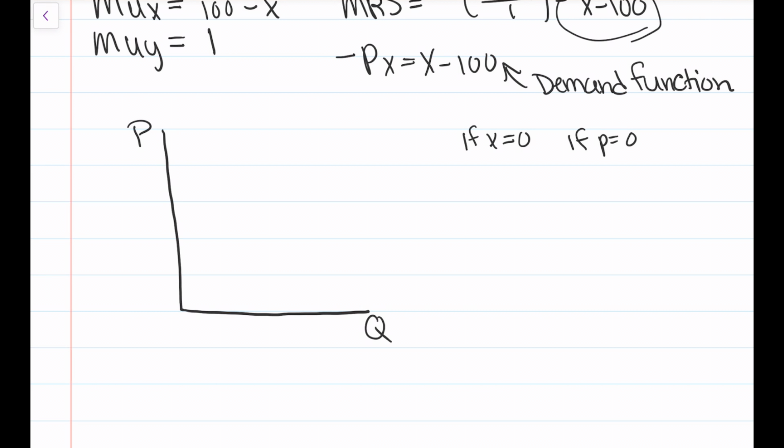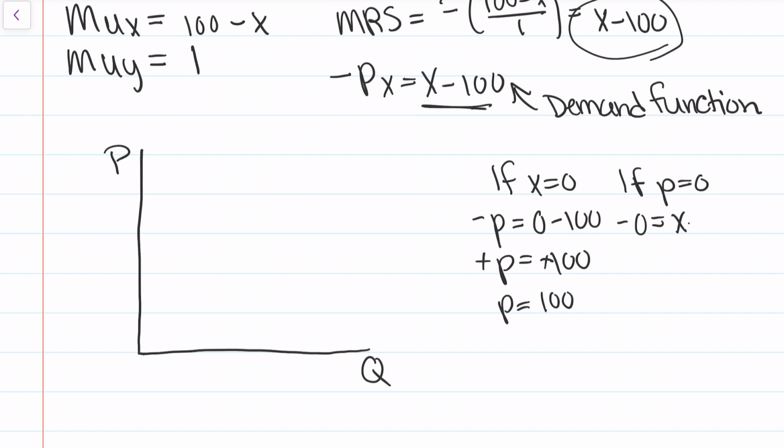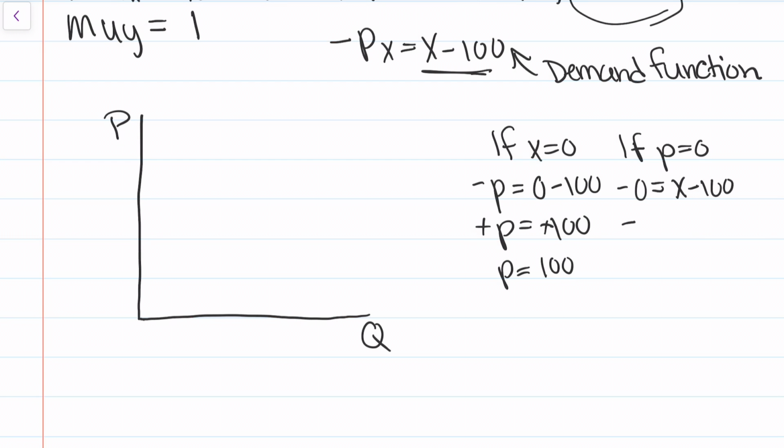So we put negative p equals 0 minus 100, because remember we're using our demand function. That means negative p equals negative 100, the negatives cancel each other out, and p would equal 100. Now if p were 0, we say negative 0 equals x minus 100, so we add 100 to this side, which means x equals 100.